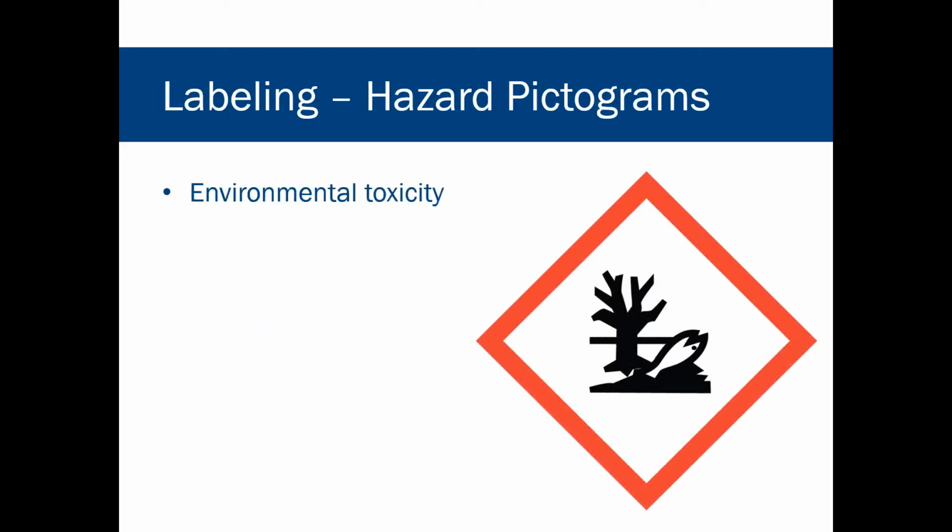Environmental toxicity, as we discussed under the environmental hazard categories, is going to include bioaccumulation and degradability. The environmental hazards will be indicated by the pictogram of a dead fish and a dead tree.